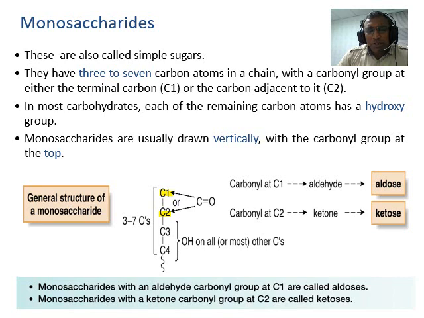It is arranged vertically, and this is called the acyclic structure. If it is an aldose, it has the carbonyl group at C1. If it is a ketose, the carbonyl group will be at C2 instead. This is the manner of giving the structure for the monosaccharide.